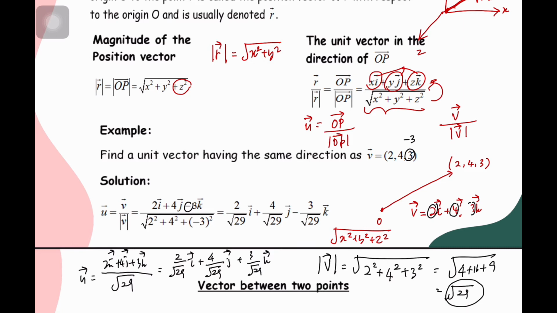So you have 4j minus 3k. So this one is the error; it should be -3, so you have negative here. This doesn't matter for the magnitude, because -3 to the power of 2 is still 9. So you have square root of 29 as its magnitude. So this one is the unit vector for the vector in three-dimensional space.